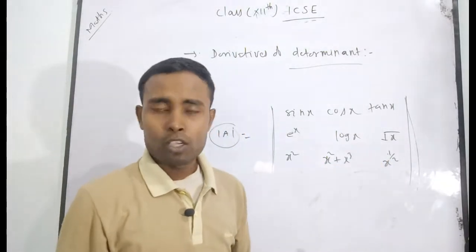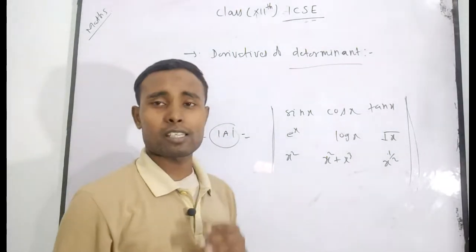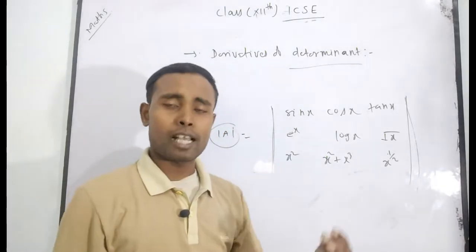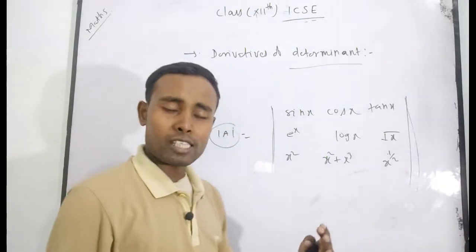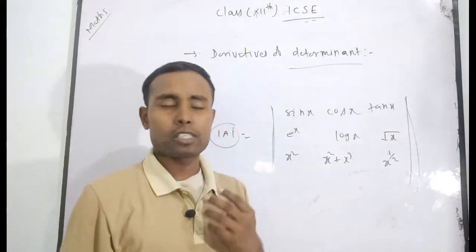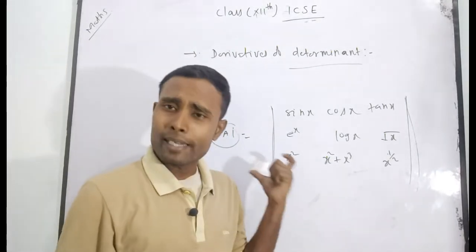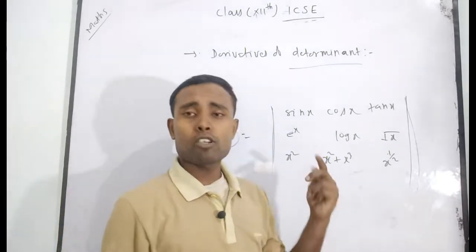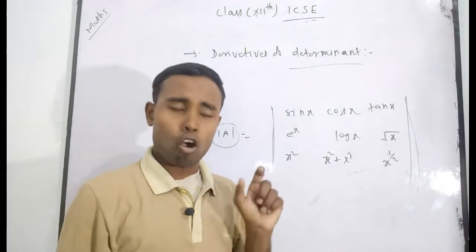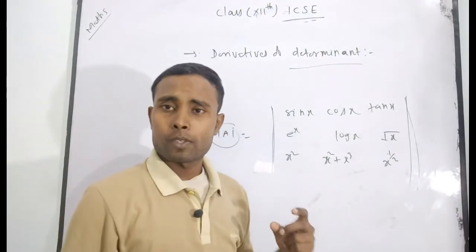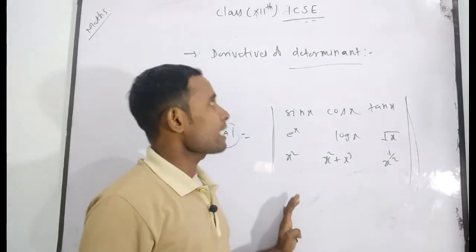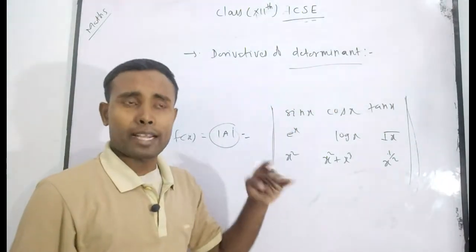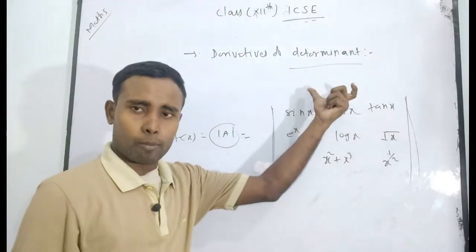So now here I want to discuss some tricks. Not a trick, actually, this is also a concept, but a specific procedure through which you can easily solve these kinds of problems. First of all, I want to give you some rules or properties through which you can easily differentiate any function which is expressed in terms of a determinant, that means simply determinant form, not a matrix.